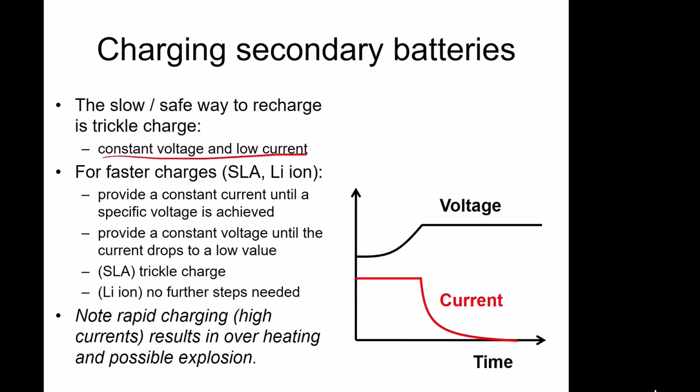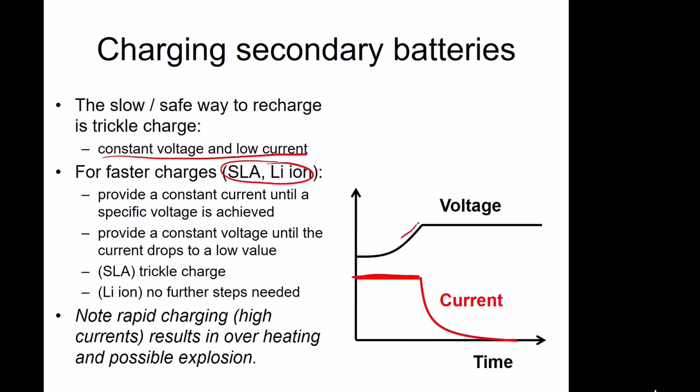When you're fast charging, it depends on the battery type, but for the lead acid and the lithium ion, what you do is you charge at a constant current. So you're on this part of the curve, and you're putting a constant current into the battery, and what you'll see is the voltage increase on the battery.